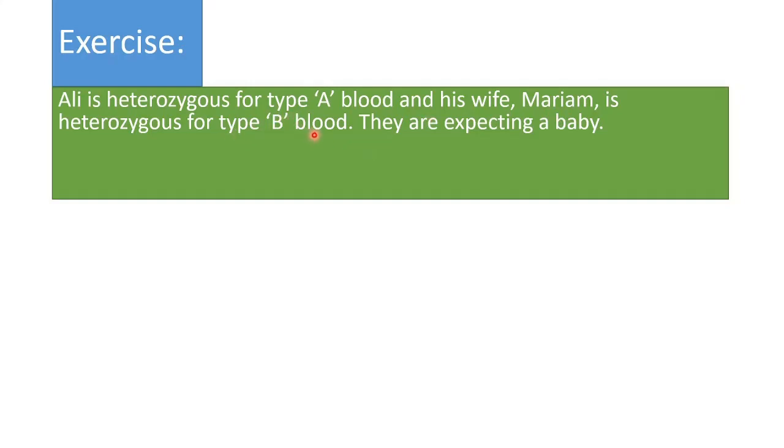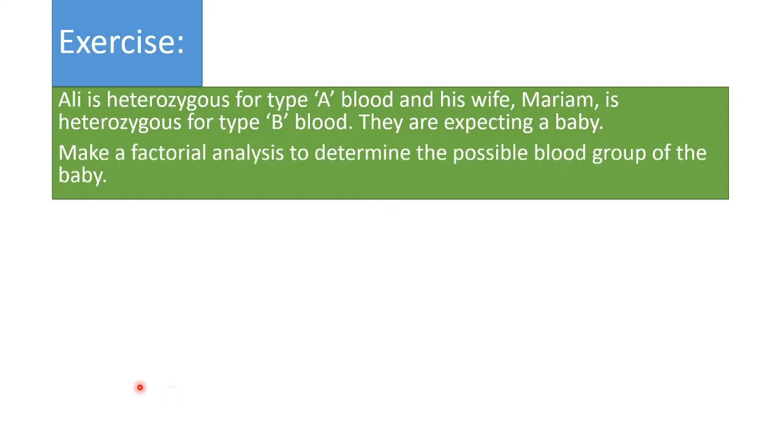So Ali is of blood group A, his wife is of blood group B. But they mentioned that both of them are heterozygous, meaning that Ali's genotype is AO, while Maryam's genotype is going to be BO. They are expecting a baby, meaning that they are going to give birth to a new baby.